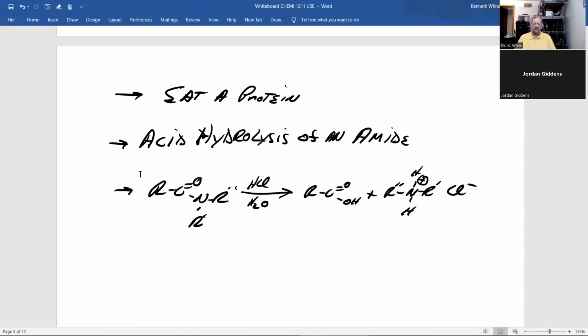So it's acid hydrolysis of an amide. And here we have the general reaction you learned for test 3: amide, HCl and water, get back the carboxylic acid and the amine. No, amines are basic, so in the presence of acid you get back the carboxylic acid plus the amine salt of the amine you would have used to make that amide.